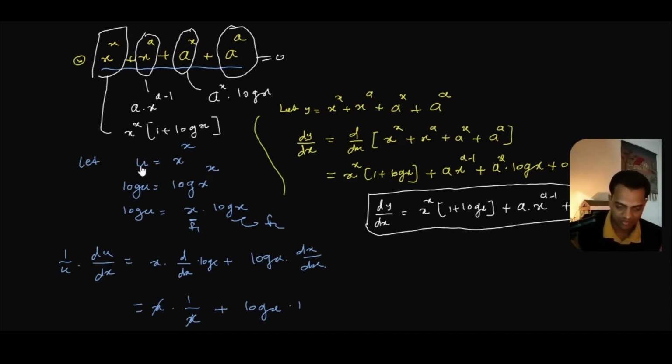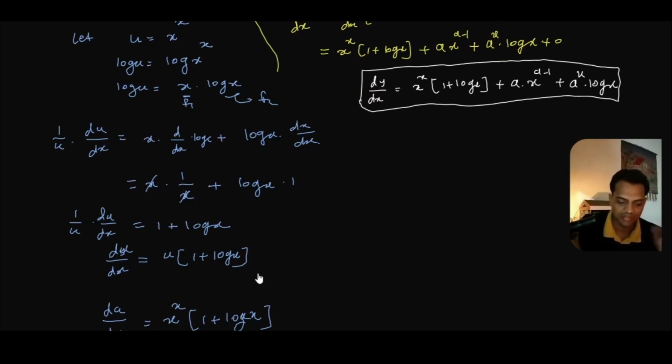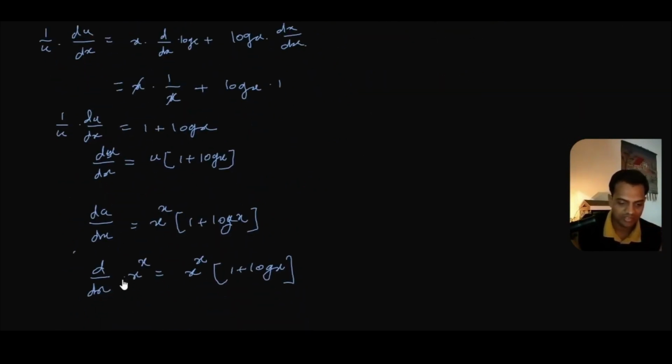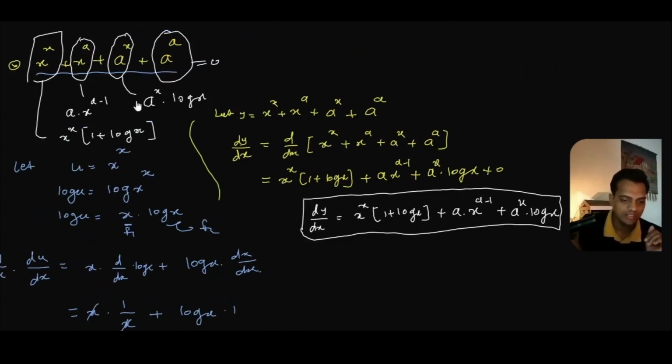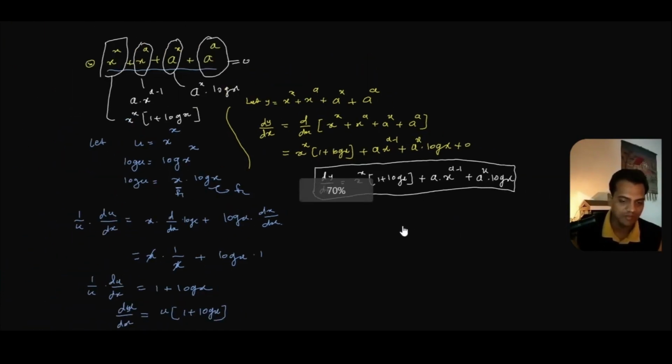Let us suppose one of the variables, say u, is equal to x raised to x, then apply the log, then apply the derivative and find the final derivative of that term. So we calculated this derivative of x raised to x separately, and then we assumed this expression to be equal to y, and the derivative of y is equal to the sum of the individual term derivatives. Like this we have to solve such types of problems.